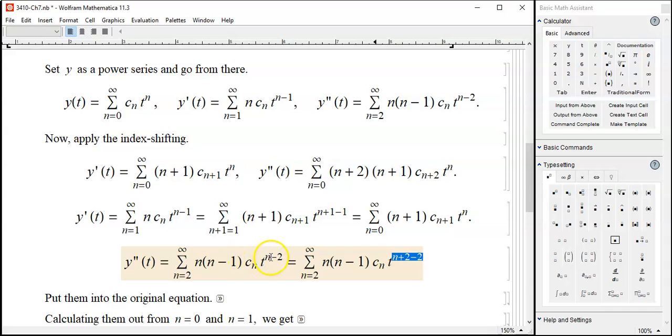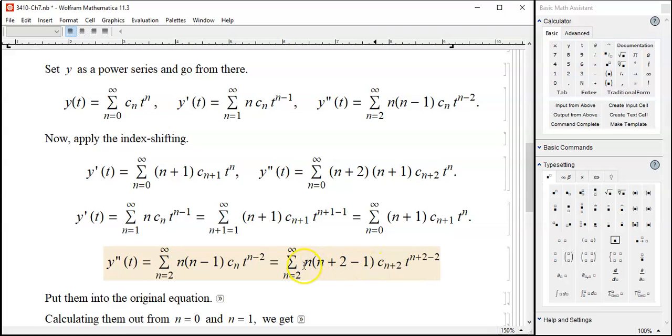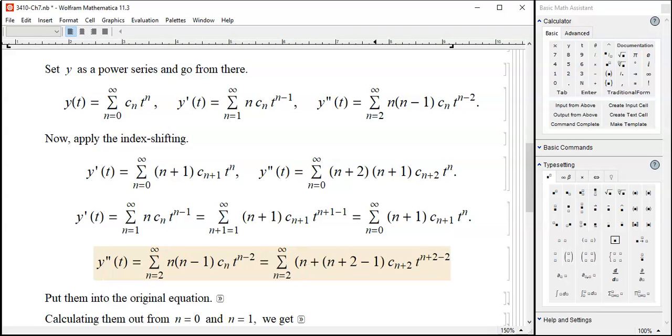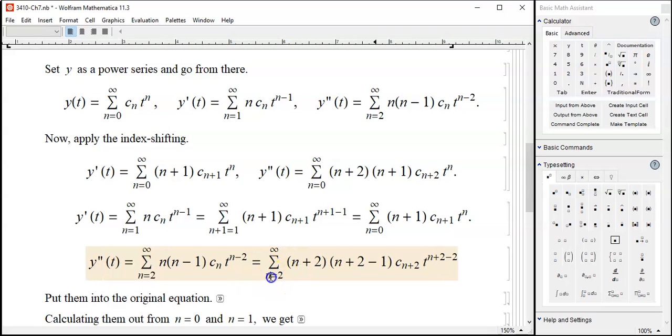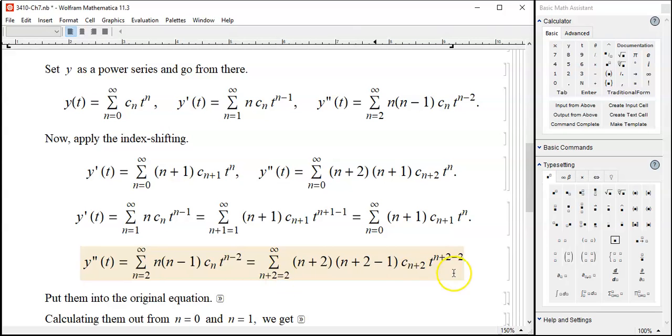So I just replace this n by n plus 2. That means I have to do the same thing to everything here. So this is n plus 2, that is n plus 2, and this one n plus 2, and then that is n plus 2.